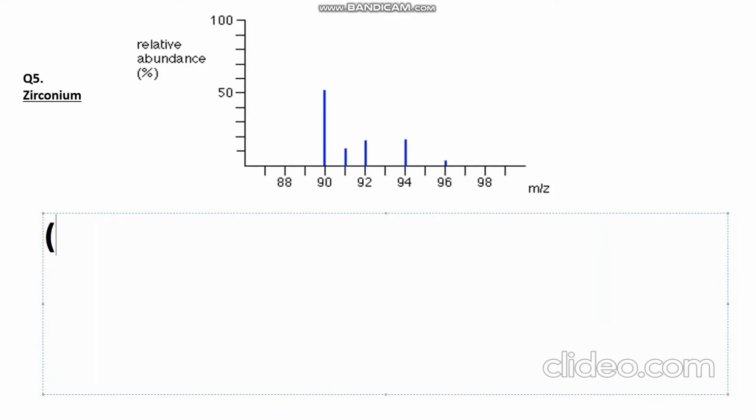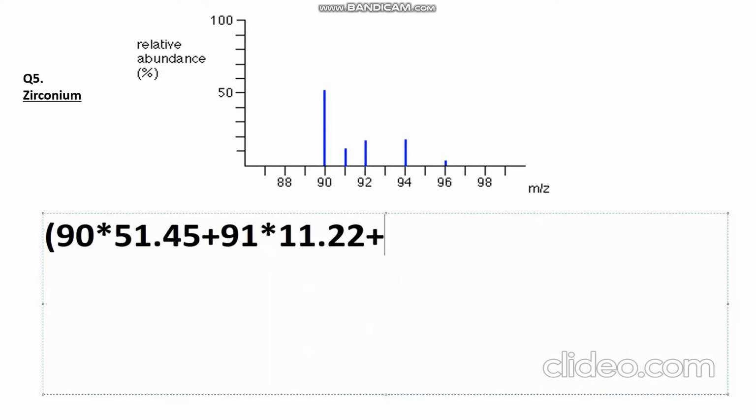So first we have 90, which is the mass number of the isotope, and its relative abundance is 51.45, plus we have 91 with the relative abundance of 11.22, plus we have mass number 92 with the relative abundance 17.15.